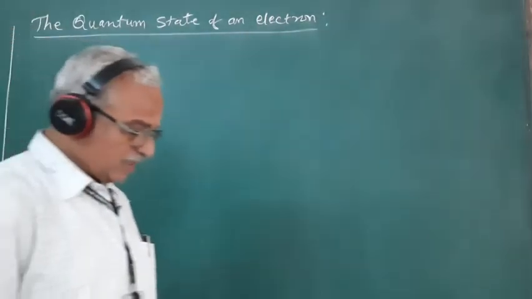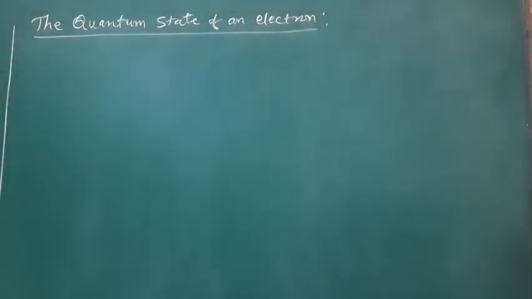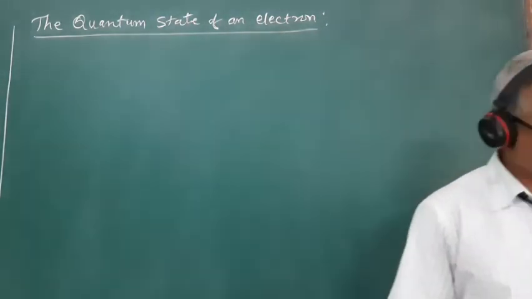So for every electron in an atom, the values of these four quantum numbers are said to constitute a unique set.